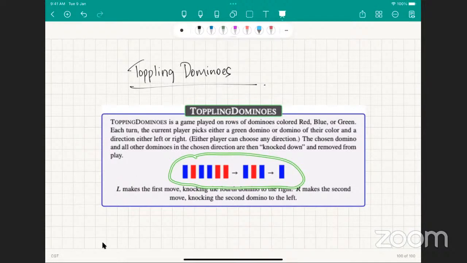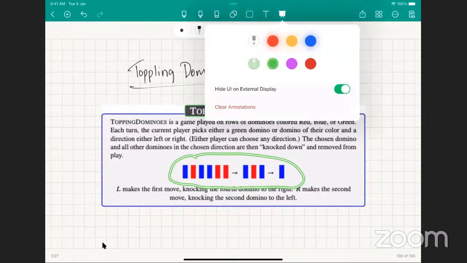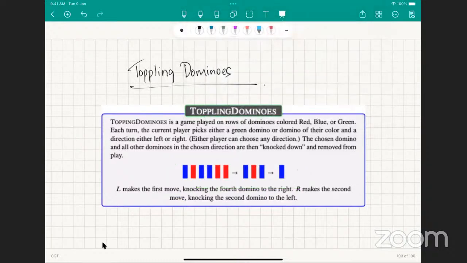If you're the blue player, you can pick a blue domino, right? And then you choose to topple, right? And what happens is that the dominoes present in the chosen direction, left or right, are basically removed from play.